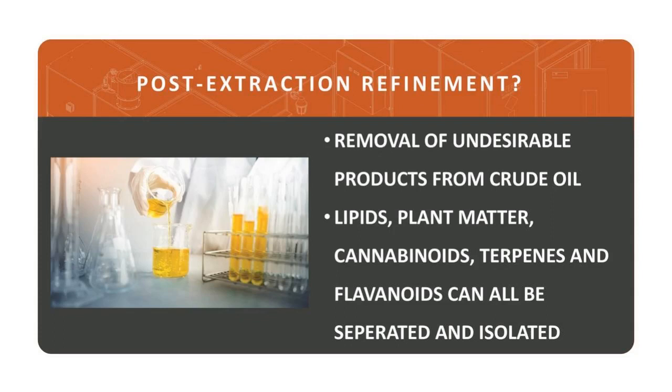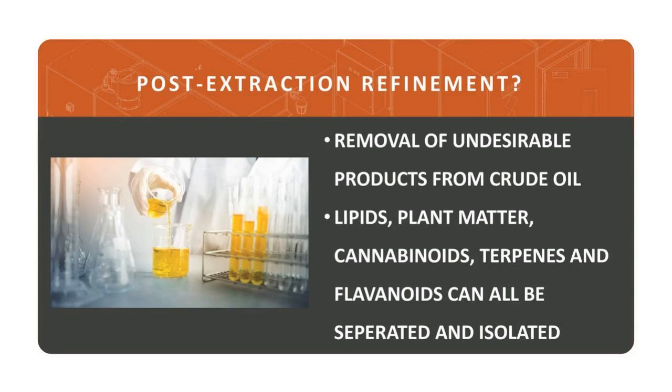Obviously, there's a lot of lipids, waxes, essentially fatty acids that can find their way into your extracts. And so the post-extraction refinement process is designed to remove those and give you a higher purity concentrate that you can then effectively dose into your final products and make a very consumer-friendly product.